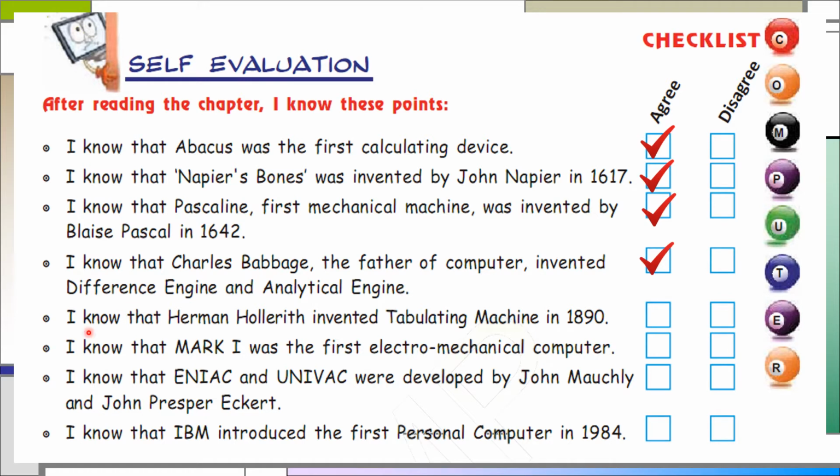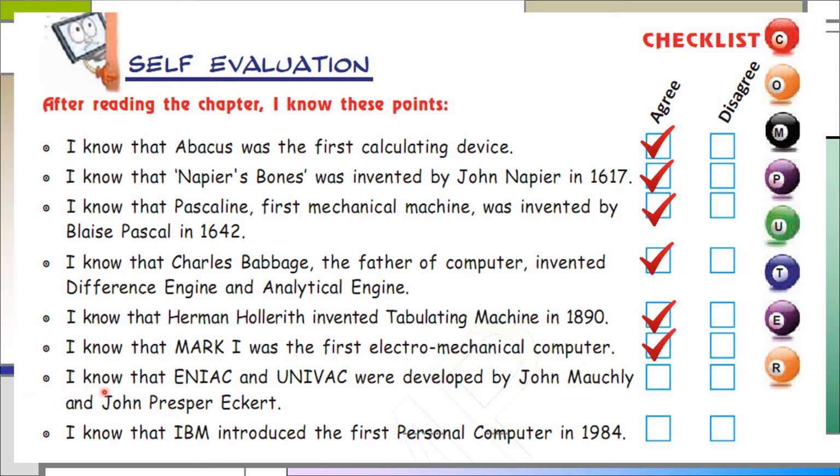Yes, I know that Hermann Hollerith invented tabulating machine in 1890. Yes, I know that Mark I was the first electromechanical computer. Agree.